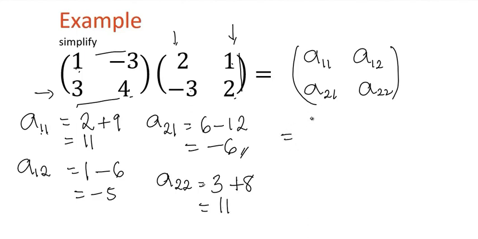The final answer here will be the first one is 11. The second one, first row, second column, that's minus 5. This one is minus 6. And this one is 11. This solves this. Then we'll move on to another multiplication.